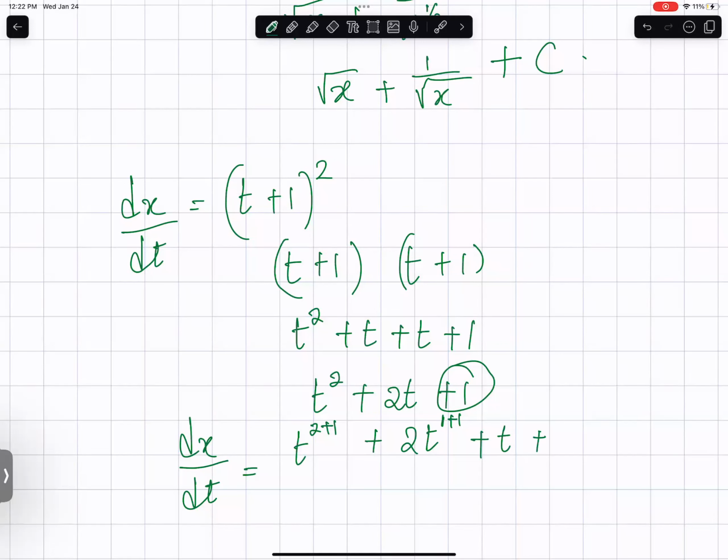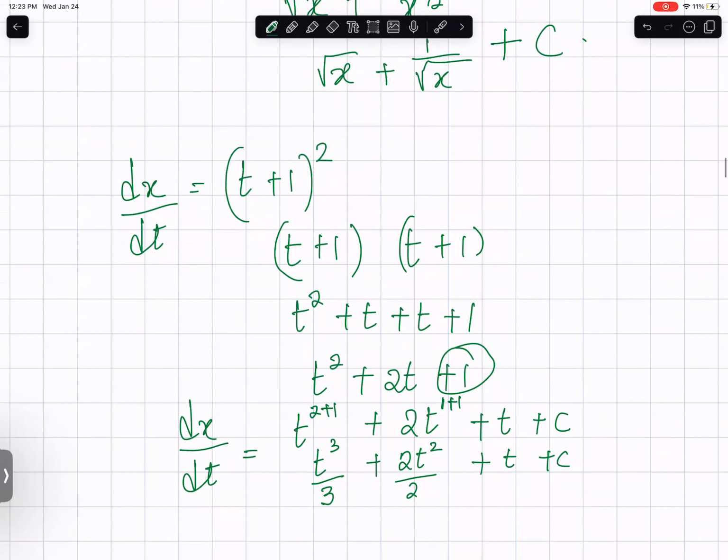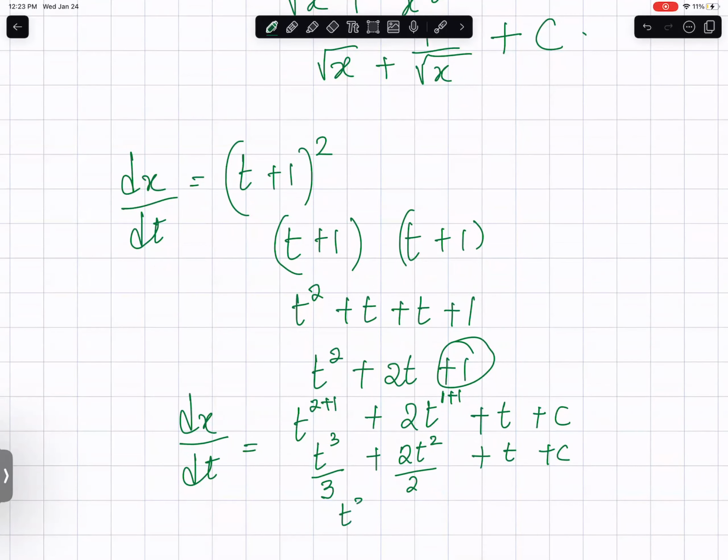Then remember our c. So this is what we have. We now have t raised to the power of 3 divided by 3 plus 2 raised to the power of 2 divided by 2 plus t plus c. So this gives us t cubed over 3 plus t squared plus t plus c. So this is how to integrate this function.